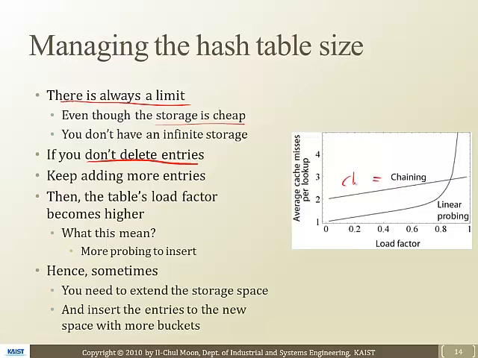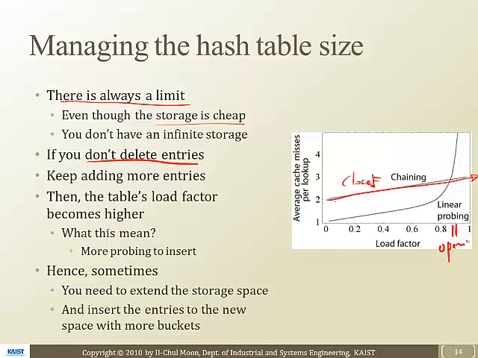If you are chaining, which is closed addressing, then that's kind of okay, right? But with linear probing, which is called open addressing, the load factor cannot go over 1, right?